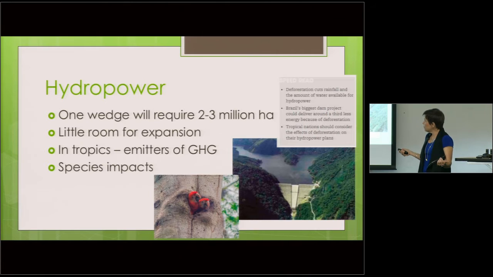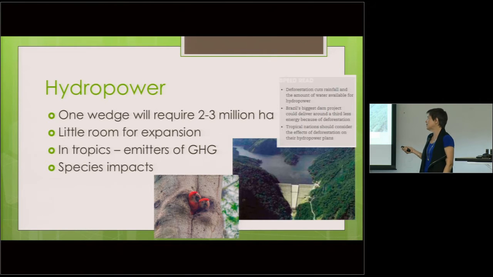Hydropower. So one wedge would only require about 2 to 3 million hectares. In the temperate zones of the world, there's actually not that many more rivers that we could dam. In the tropics, dams or the reservoirs behind dams are actually net emitters of greenhouse gases because vegetation gets into them and is eaten up by bacteria, producing methane and CO2.